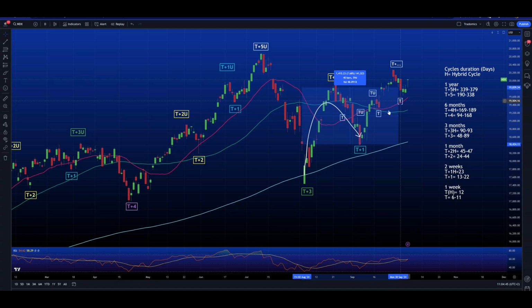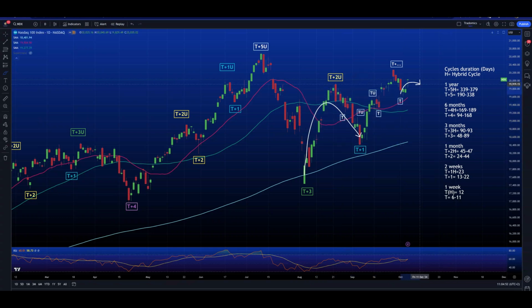It's not a given that we can have a T plus 2, because we might also have another T plus 1 and then return to the downside here and close eventually a T plus 3. But this will turn into a T plus 2 if we go up above this high at 20,273.